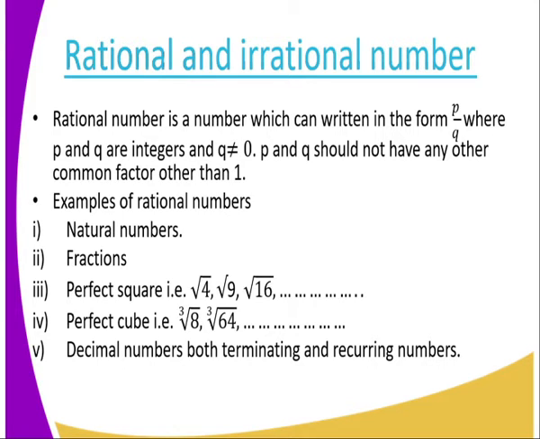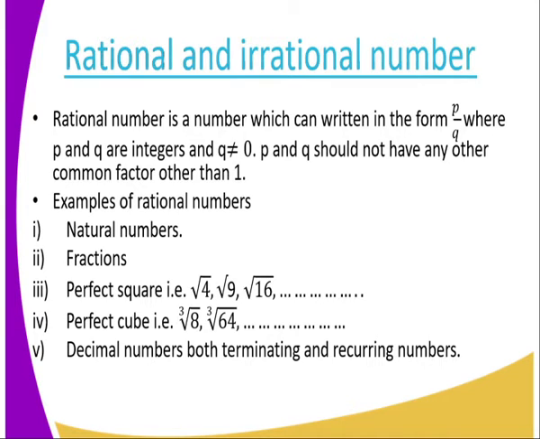But there is something that we refer to as rational and irrational numbers. A rational number is a number which can be written in the form of P divided by Q, where P and Q are integers, and Q is not equal to 0. P and Q should not have any common factor other than 1.